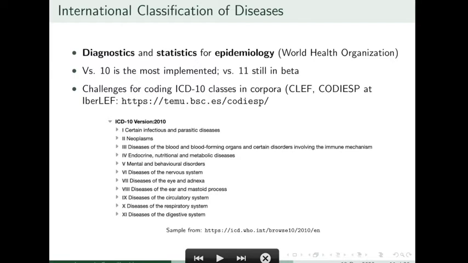The most implemented version is currently the number 10th, and in this image you can see that the axes of this classification are distinguished by body systems. So terms and codes are related to diseases of the respiratory system. Others are related to diseases of the digestive system, etc.